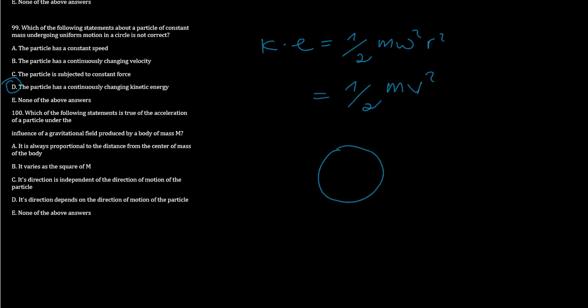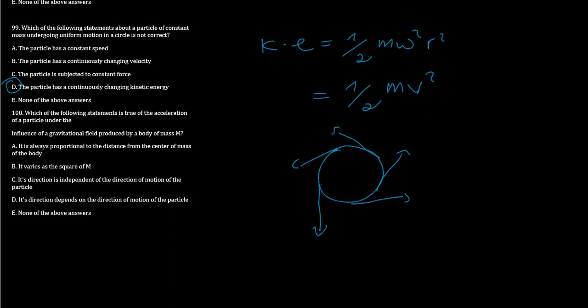At this instant the velocity is pointed as such. At each instant the velocity is always tangent to the circle, and so on. So throughout the whole motion we observe a change in direction of the velocity.